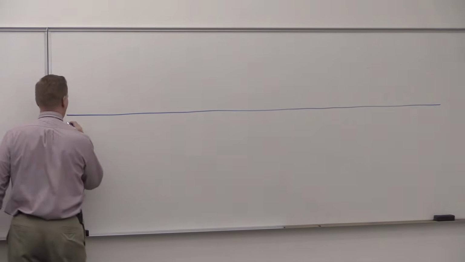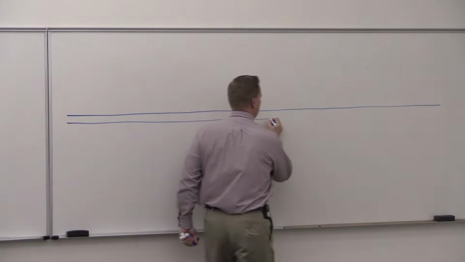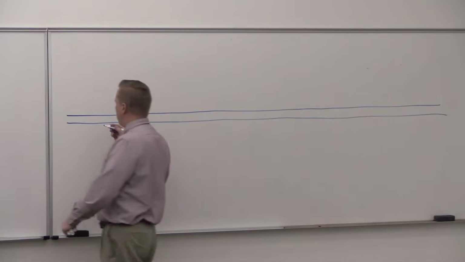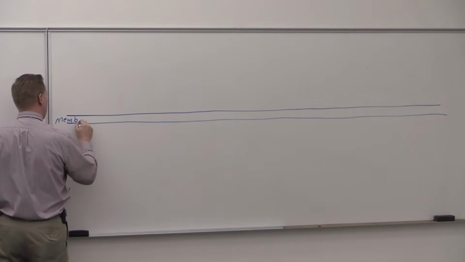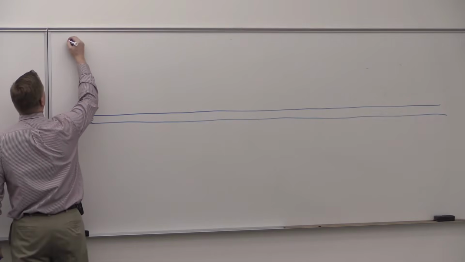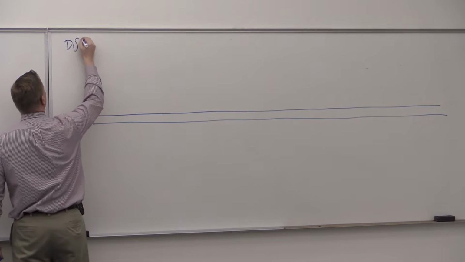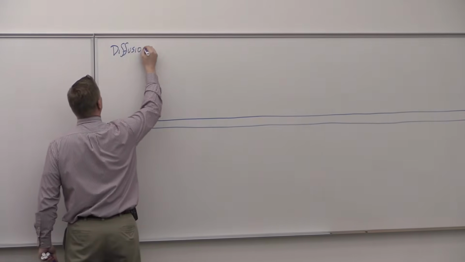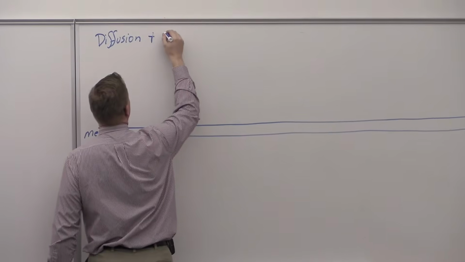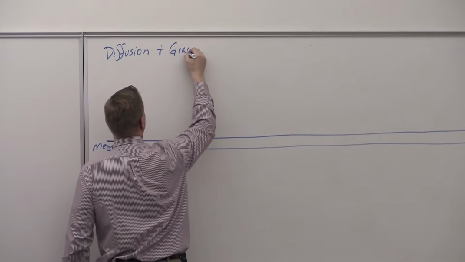Now, let's come back over here on this side, and we're going to draw another membrane. Now that we've learned that some things are permeable or penetrating, let's label this as our membrane again. Now we're going to talk about a process called diffusion, and what we call concentration gradients.